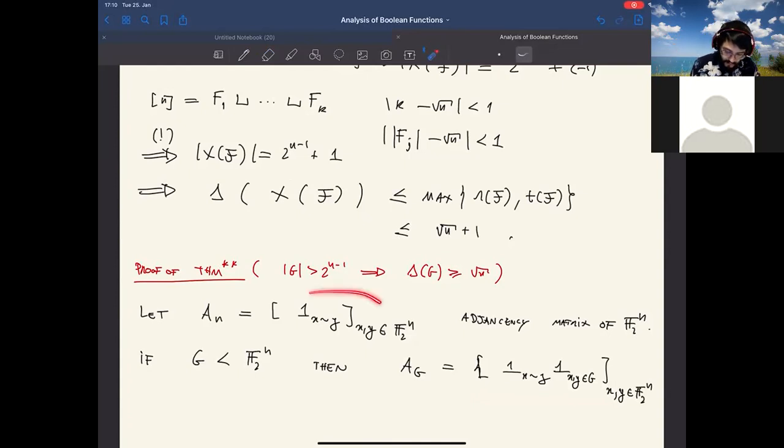Okay, so I could define the same way a matrix with the columns and rows numbered by the vertices of G. But similarly, I could just take a submatrix of this larger matrix. So I just again take the same edges matrix, but then I just impose that these two guys belong to G.